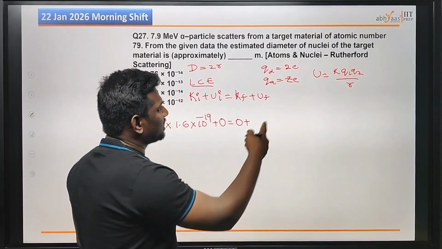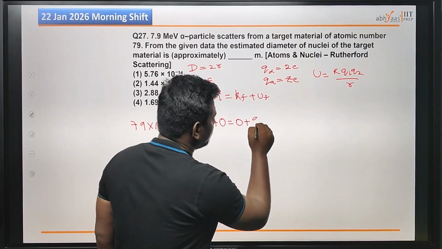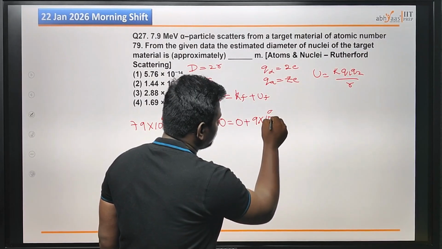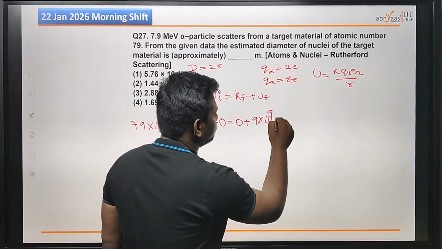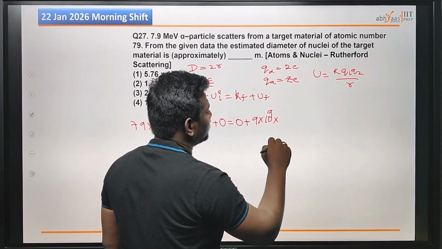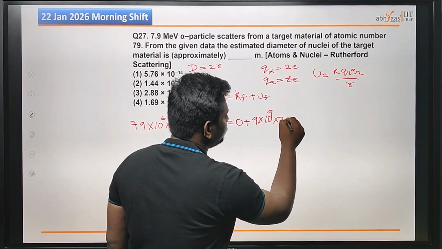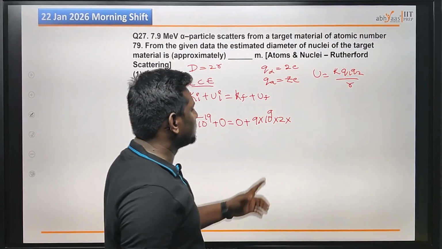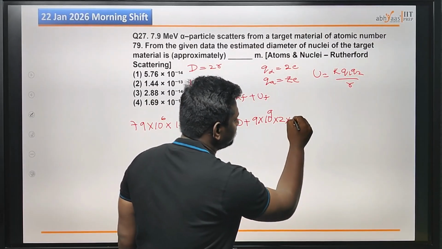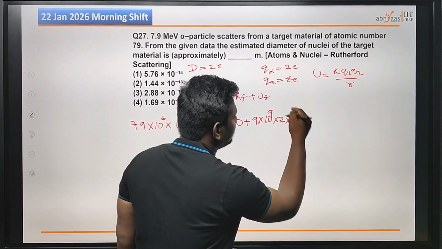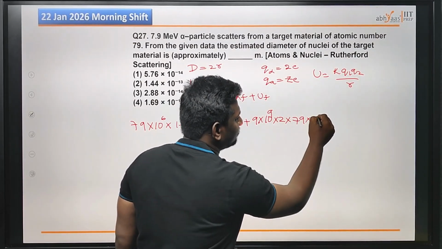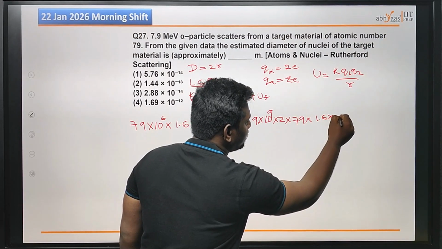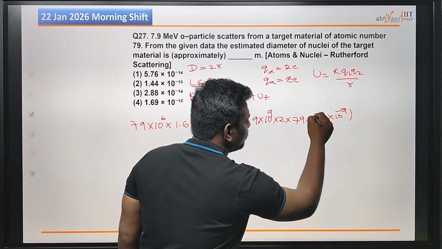So see here, what is the K? K can be written as 9 into 10 to the power 9. The first charge is 2e. What is the Z? Z value is 79, into e square, 1.6 into 10 to the power of minus 19 whole square.